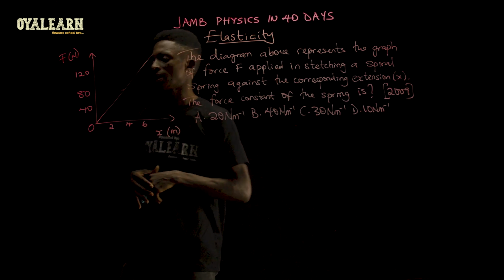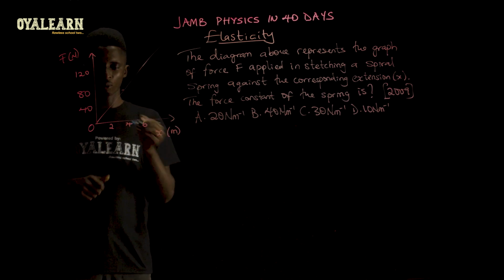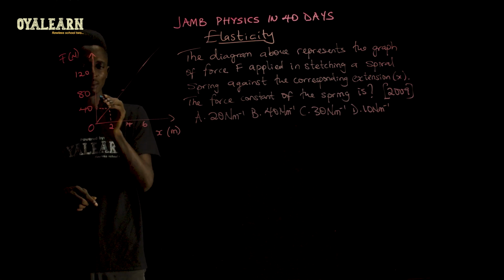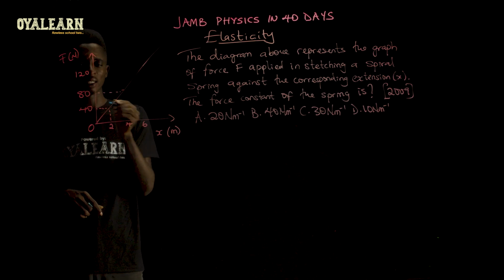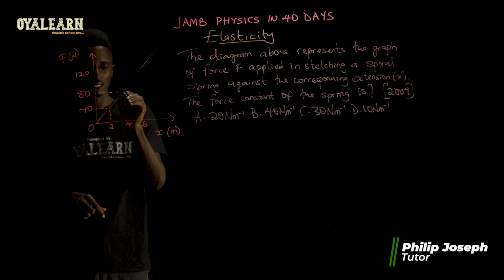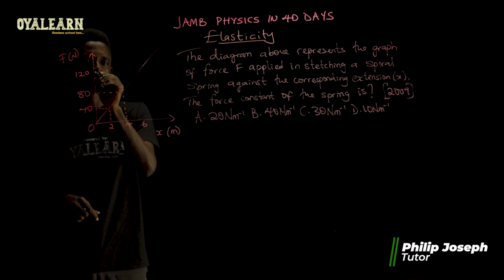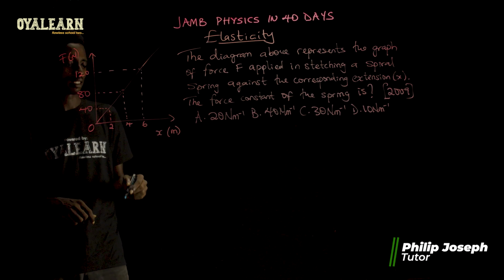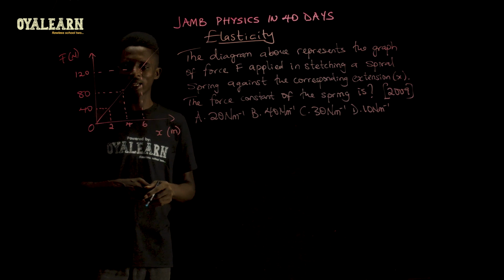So let's look at the graph we have here. We can see that when the force of 40 is applied, the extension is 2 in meters. When this is 80, what we have here is 4. When this is 120, we have 6 as the corresponding extension.